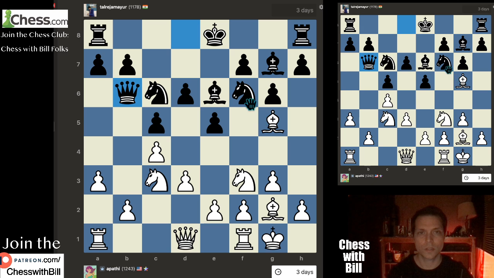Let's see. So let's say boom, boom, right? So bishop goes f6. Bishop goes f6. Now I've got to worry about b2. There is attacking the queen some way with knight a4. That protects b2. But it attacks the queen.